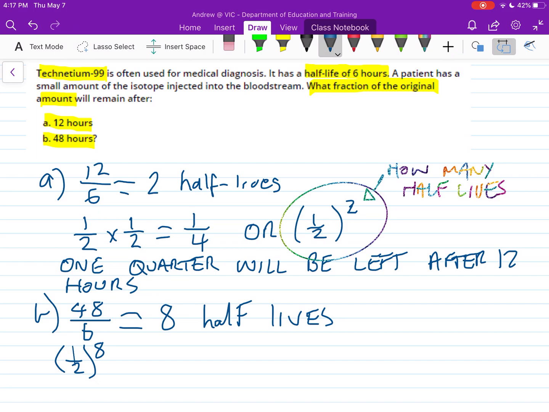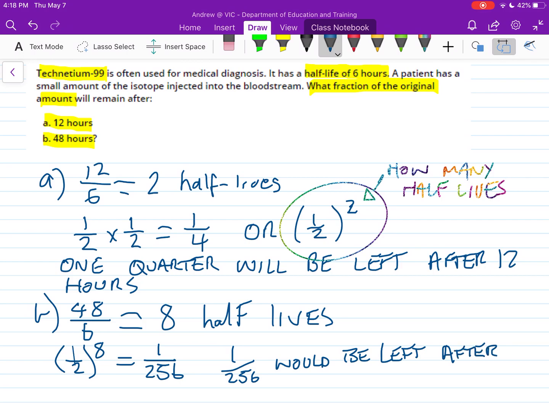If you put it into your calculator, or if you're really good with your powers, you'll know this is 1/256. This means 1 out of 256 would be left after 48 hours.